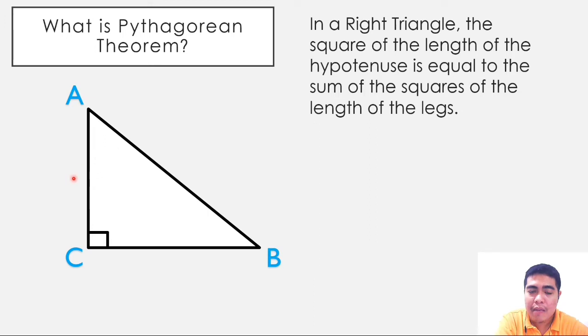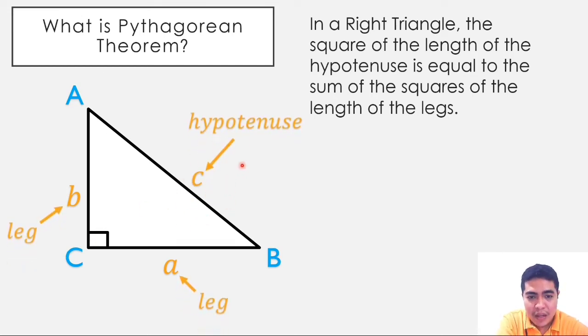If we name the sides of this triangle, the side opposite angle A will be named side A, the side opposite angle B will be named side B, and the side opposite angle C will be named side C. So this side is the hypotenuse and these are the legs.